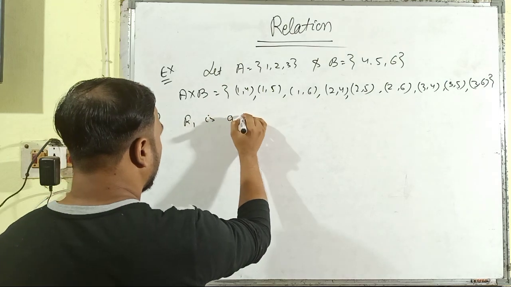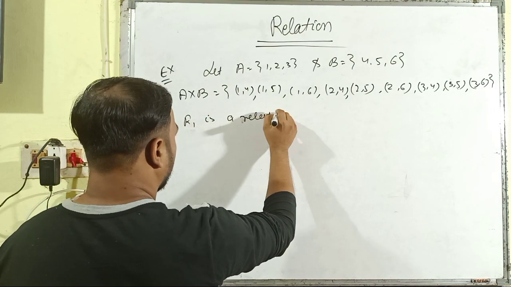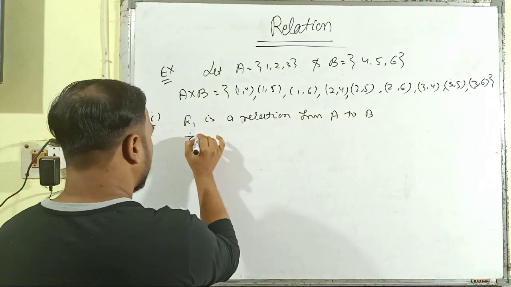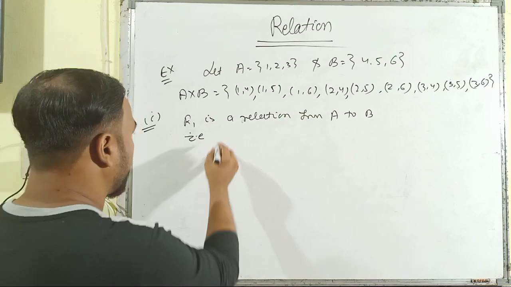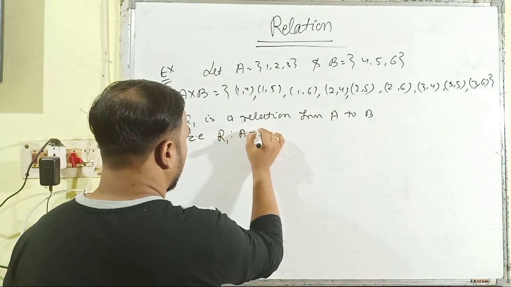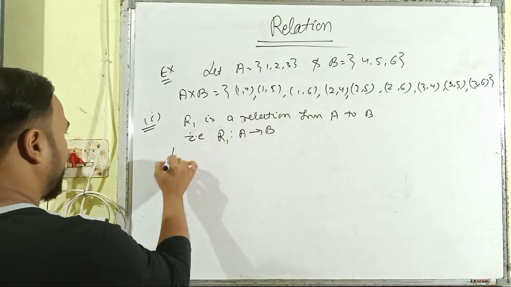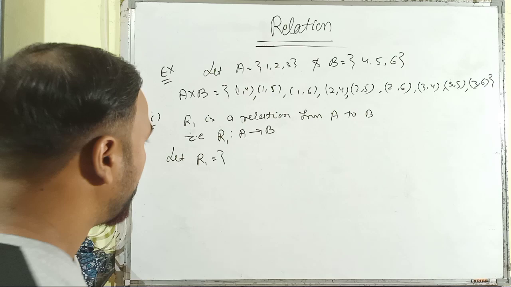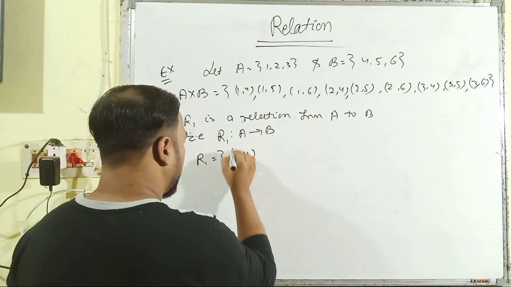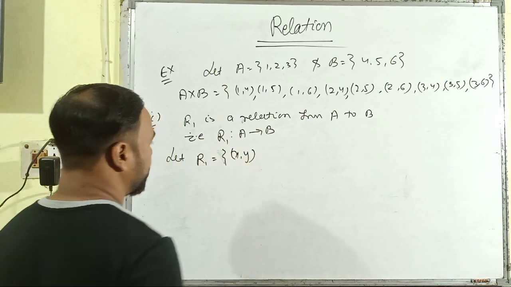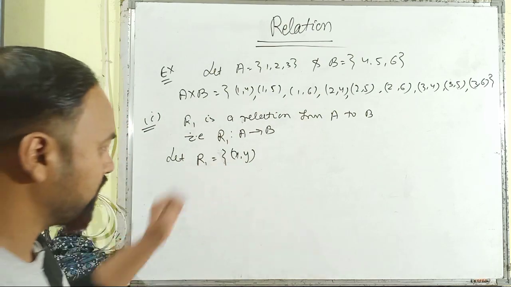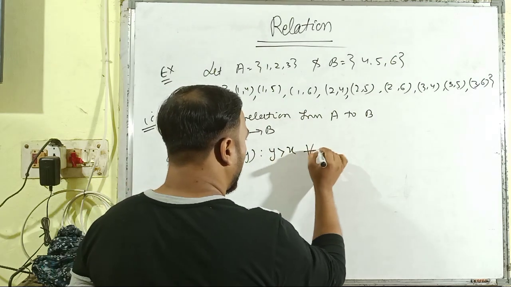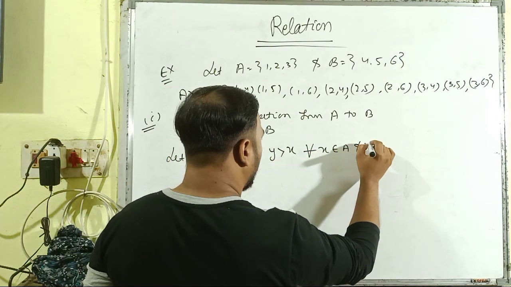R1 is a relation from A to B. Symbolically we can write it as R1 from A to B. Let R1 be the set of all ordered pairs of the form (x, y) such that y is greater than x, for all x belonging to A and y belonging to B.